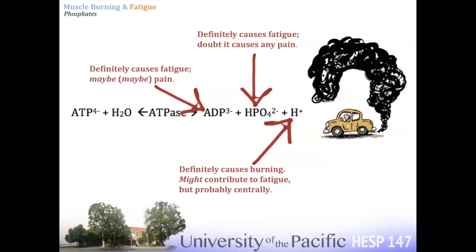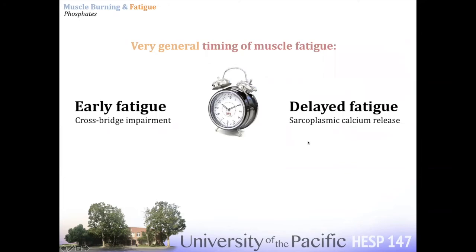Damaged tissue, you're going to release it. So maybe there's some mechanism of pain there, but who cares? Definitely fatigue with ADP. Definitely fatigue with phosphates. Sure, fatigue with hydrogen ions, and definitely pain with this one though. But these two are the big fatiguers, and this is the big pain inducer. General timing, cross bridge impairment early. So if something is messing up the cross bridges, that usually happens early.